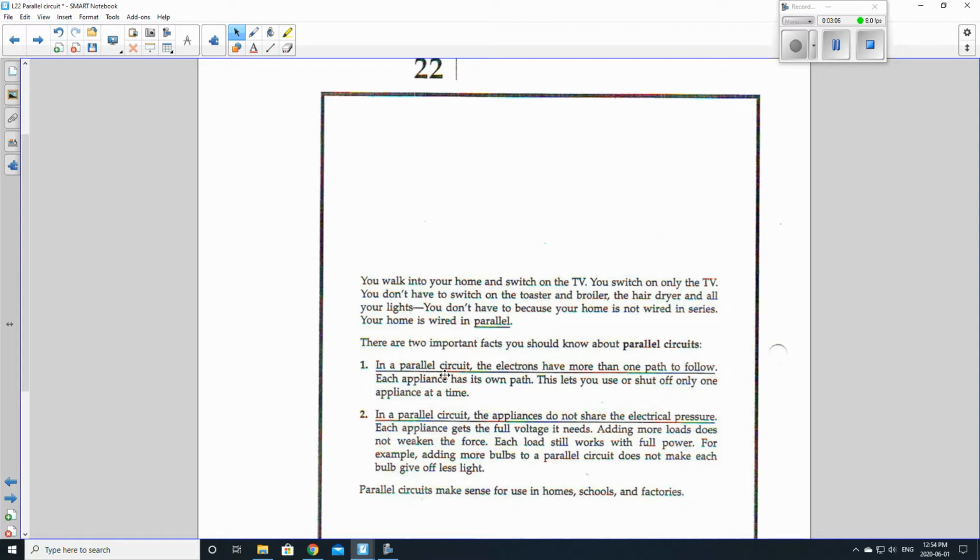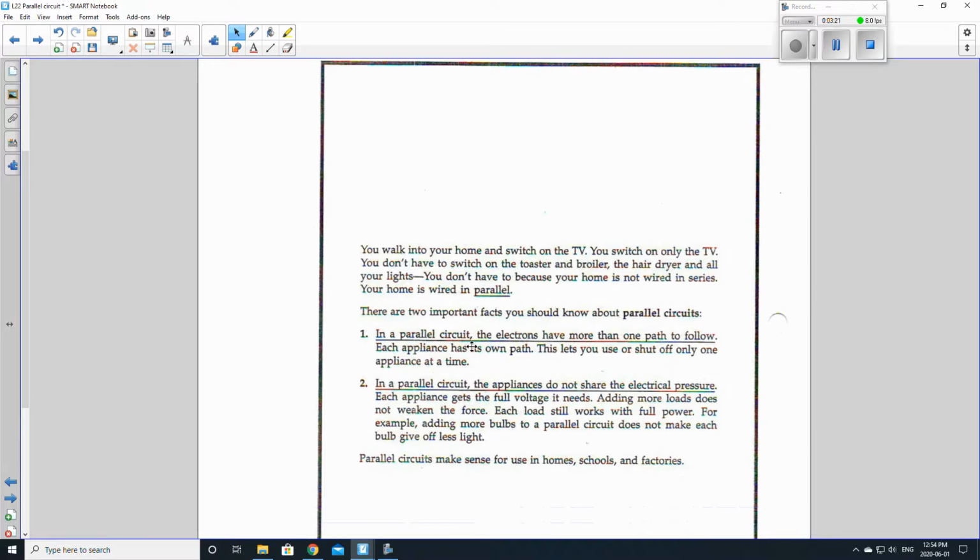In each parallel circuit, the electrons have more than one path to follow. Each appliance has its own path. This lets you use or shut off only one appliance at a time. That's really, really important. It would be very silly if our homes and schools were wired in series, because it wouldn't make sense that you had to have them all on or else they would all be off.